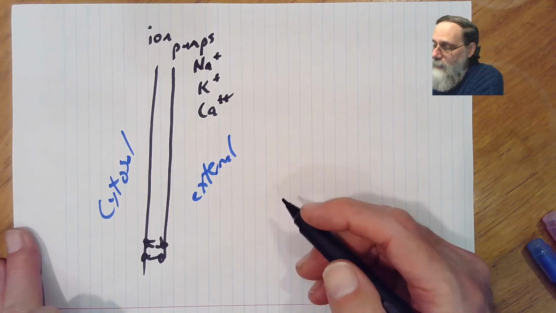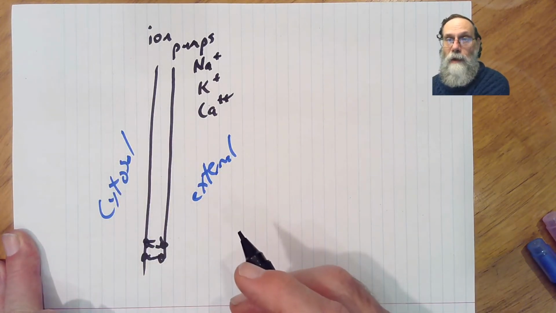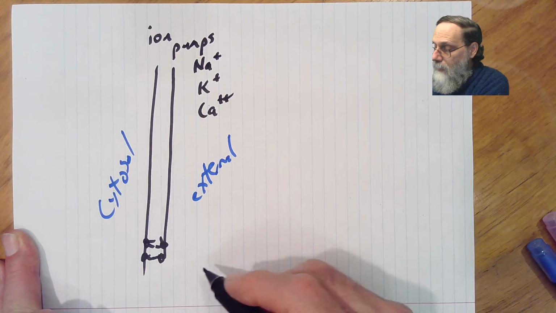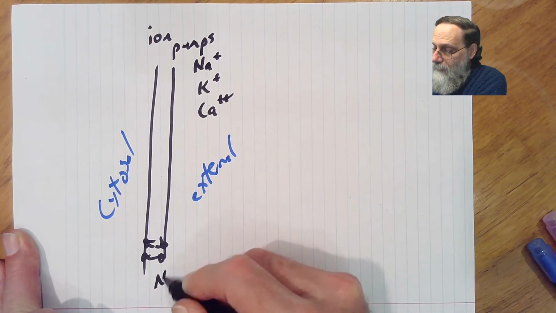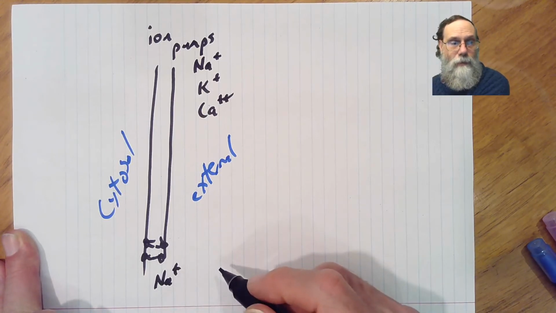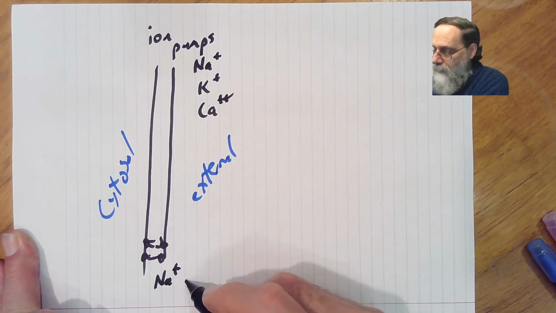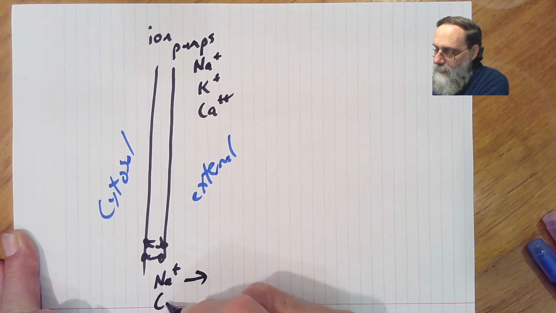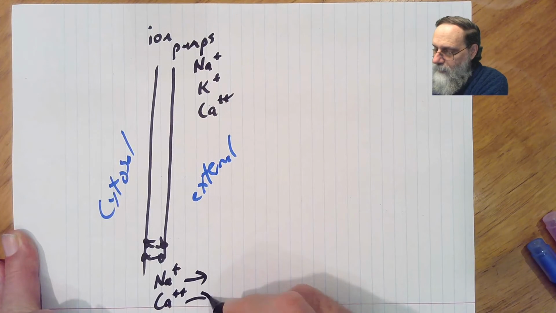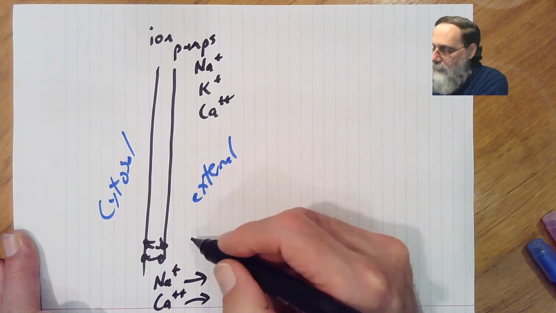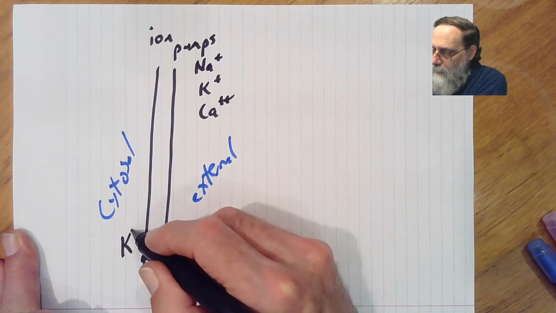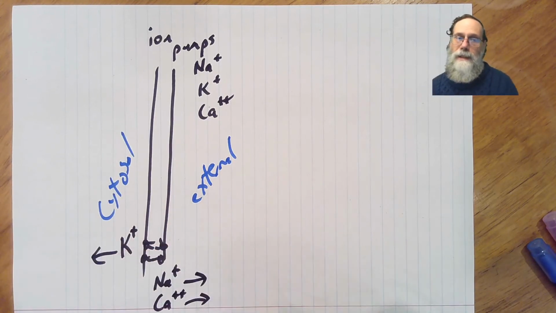Now, in the resting state for the cardiac cells, the sodium ions are pumped out of the cell. The calcium ions are pumped out of the cell, but the potassium ions are pumped into the cell.